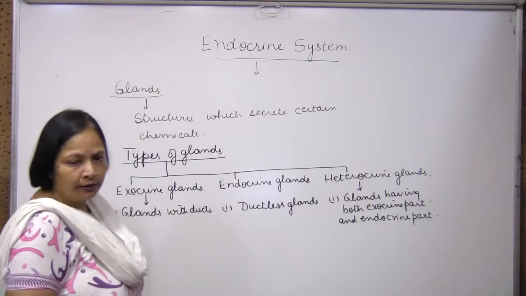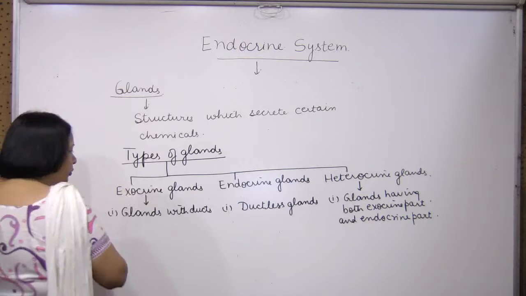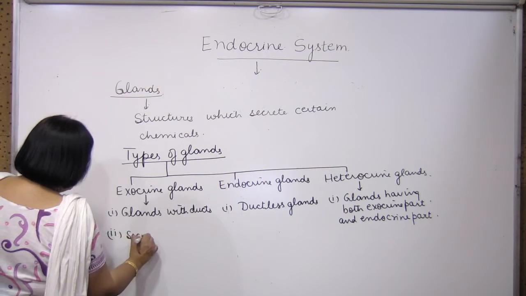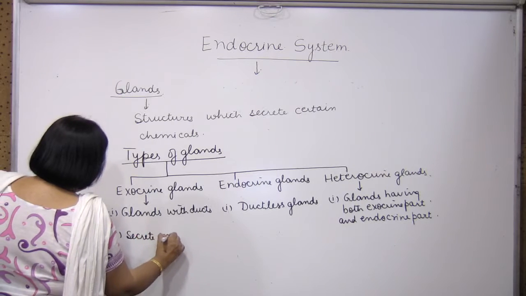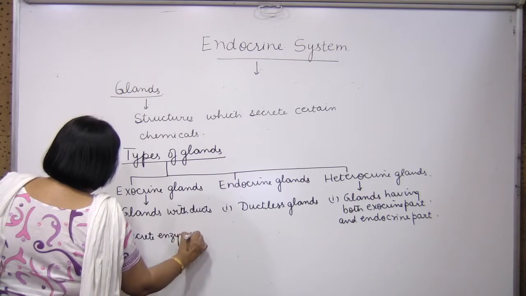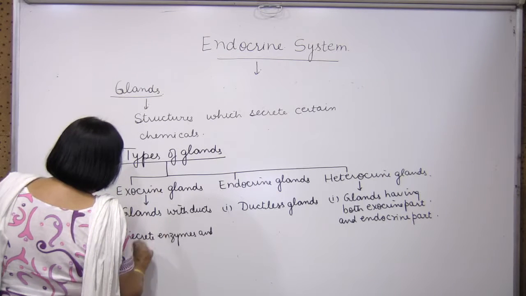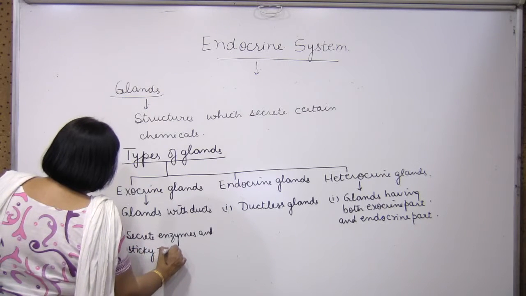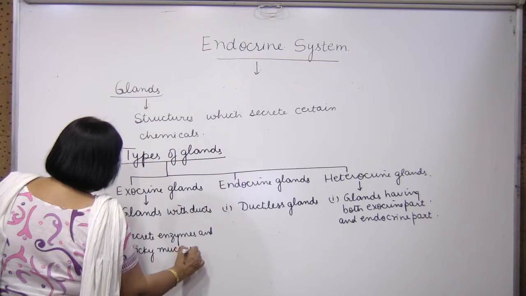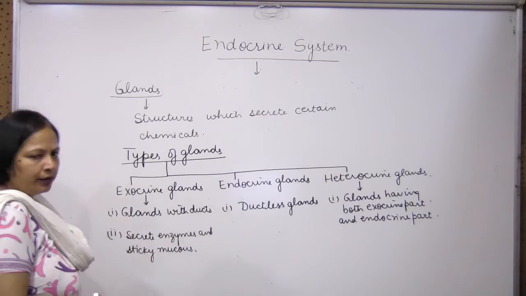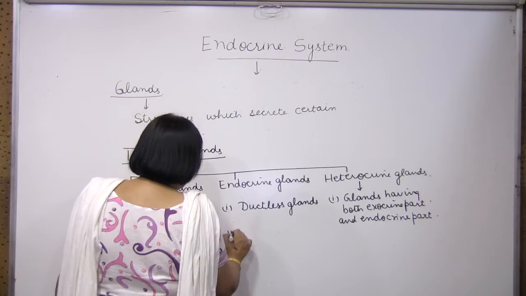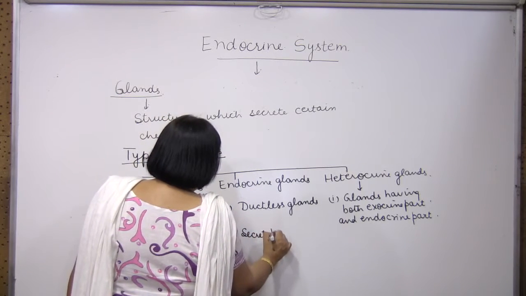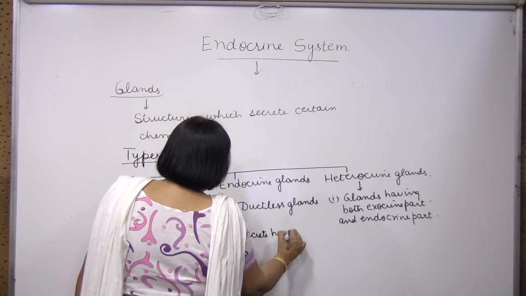The exocrine glands secrete enzymes and sticky, watery mucus. Endocrine glands secrete hormones.